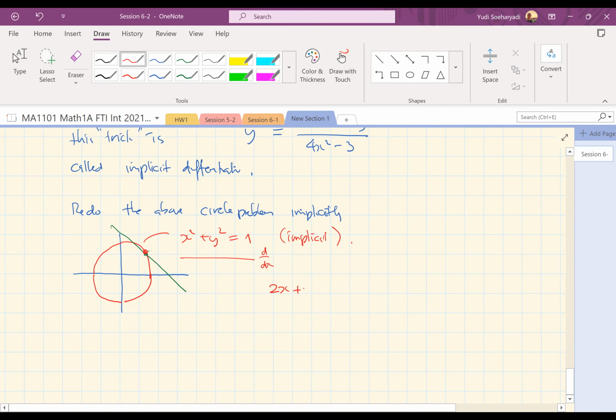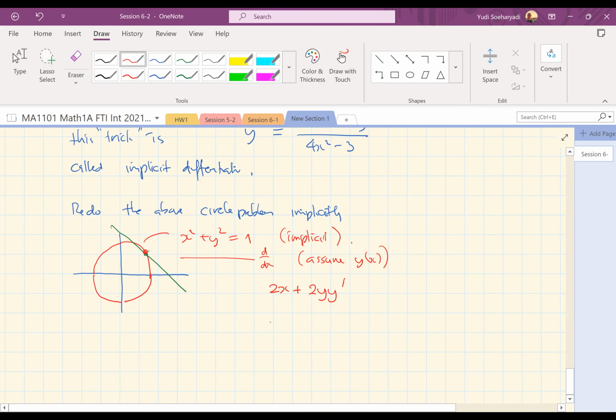Okay. And then compute the derivative of y squared. But here we assume x is the variable, y is a function. So when you take the derivative of functions, you're not only getting 2y, but you have, all right, what kind of rule do we use to get this 2y y prime, instead of just 2y?